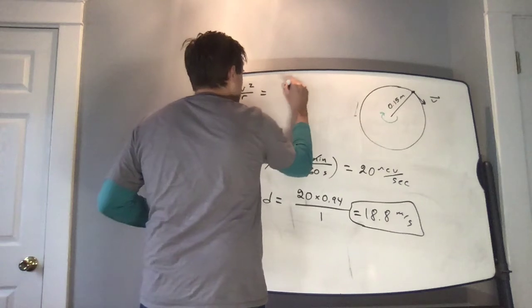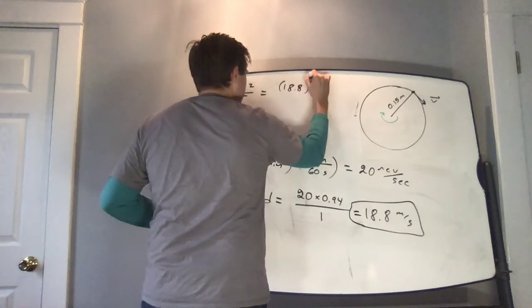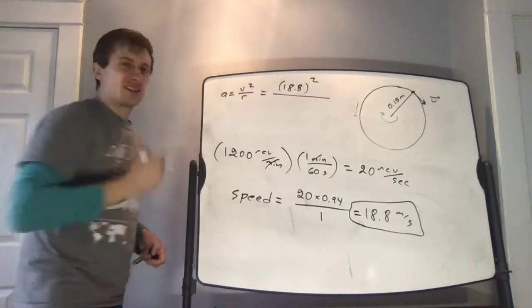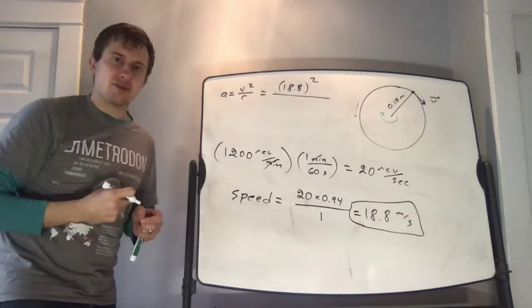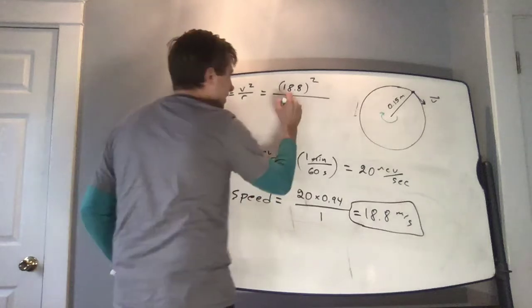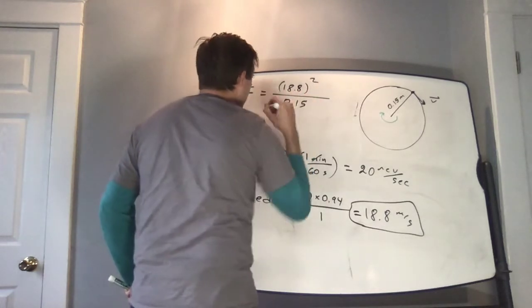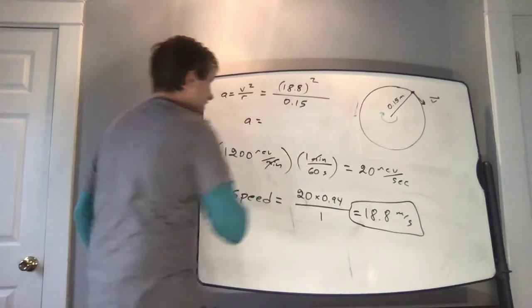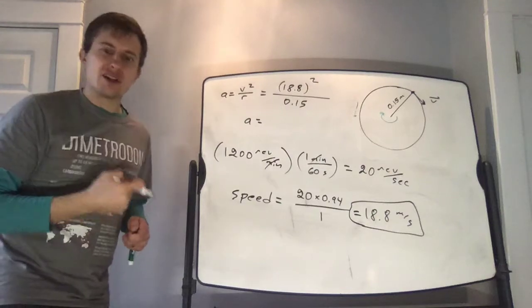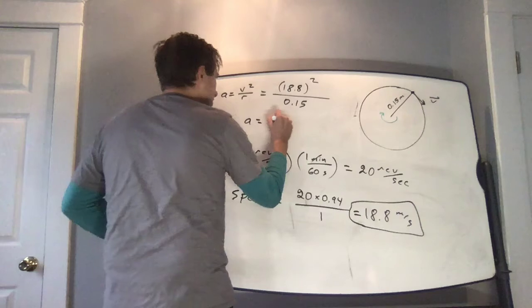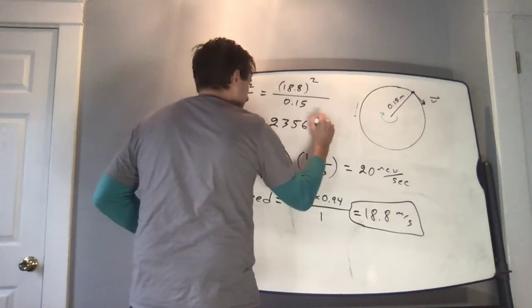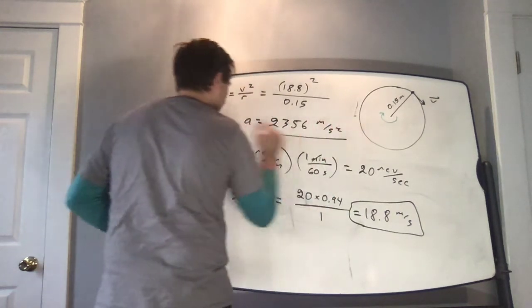That is 18.8 meters per second. And the radius of the fan blade from the tip of the fan blade to the center of the fan is 0.15 meter. So I find the acceleration of a point on the tip of the fan blade is going to be 2,356 meters per second squared.